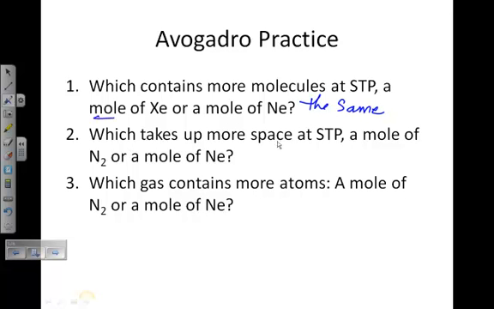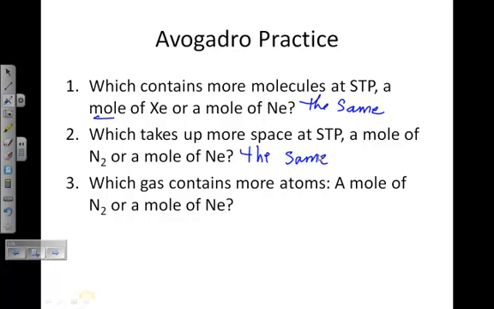Which takes up more space at STP, a mole of nitrogen gas or a mole of neon gas? Again, if you said the same, you were right, because according to Avogadro's law, a mole of gas at STP would take up 22.4 liters of space.